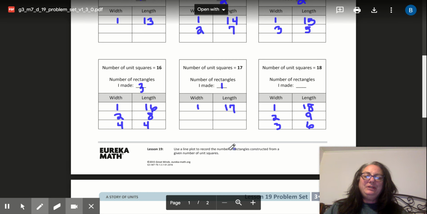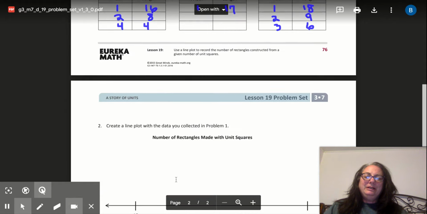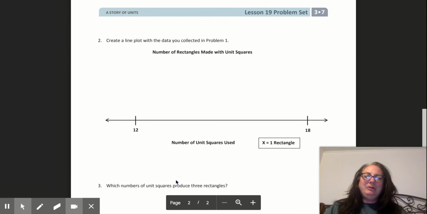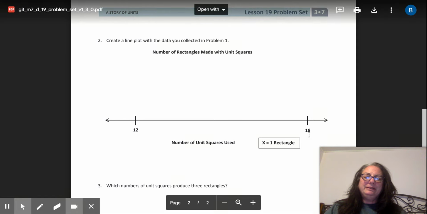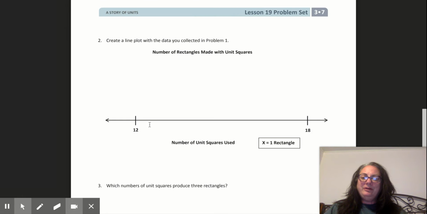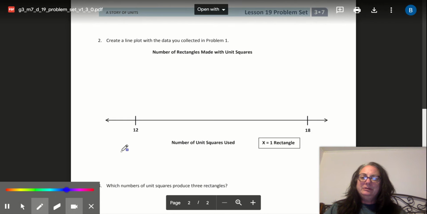Okay, after you finish this, then you're going to come to the second page and you're going to do a line plot. Remember a line plot. Here you're going to number 12 through 18. So you're going to go 12, and do another dash and go 13.